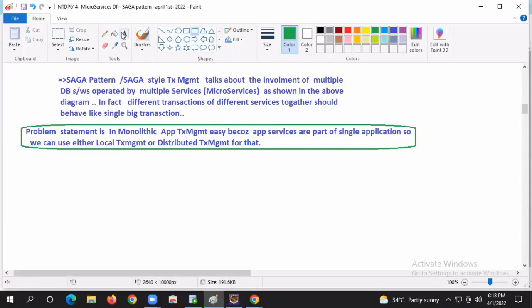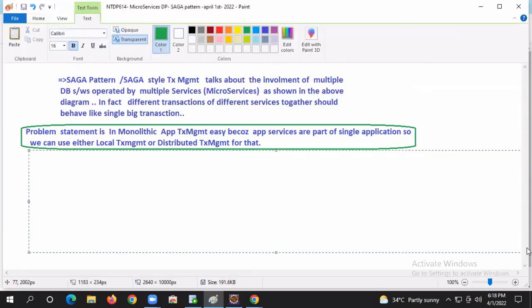But the local or distributed transaction management is not sufficient while working with microservice architecture based application development.